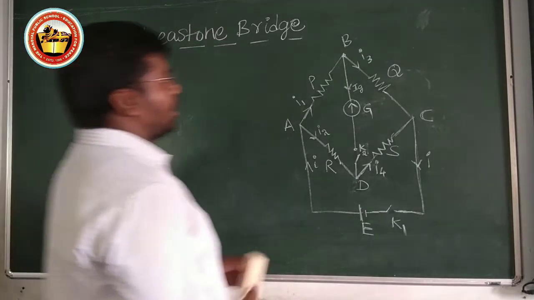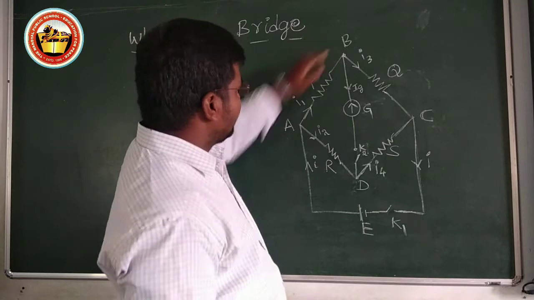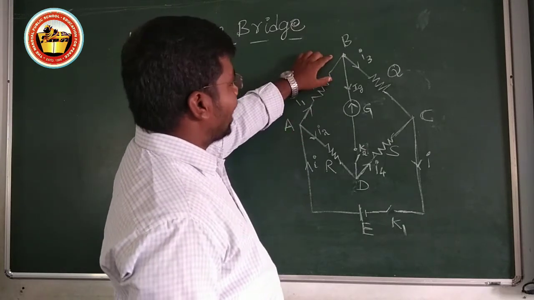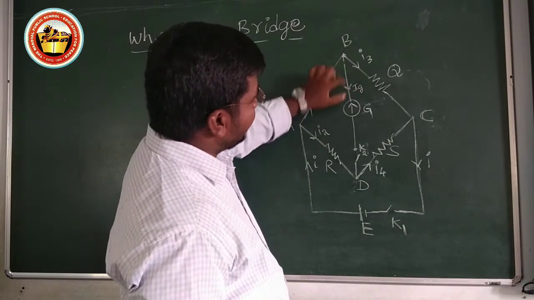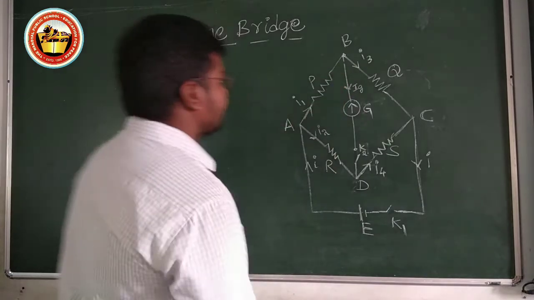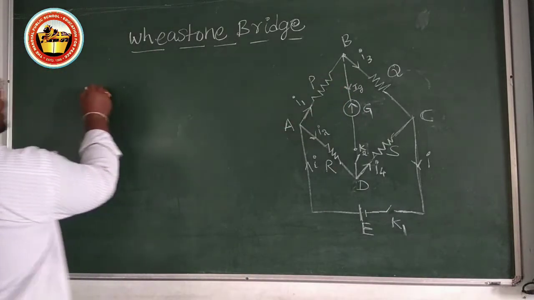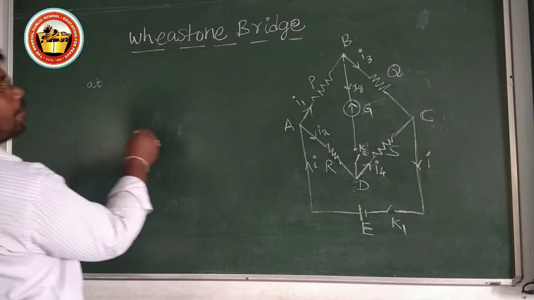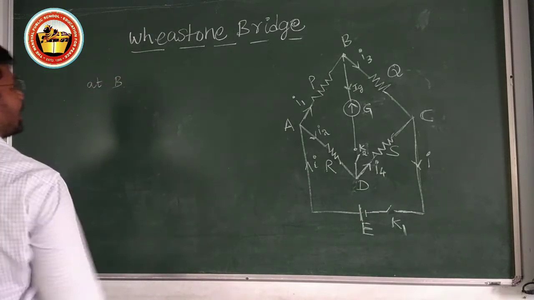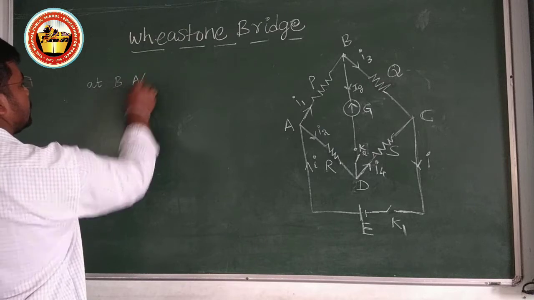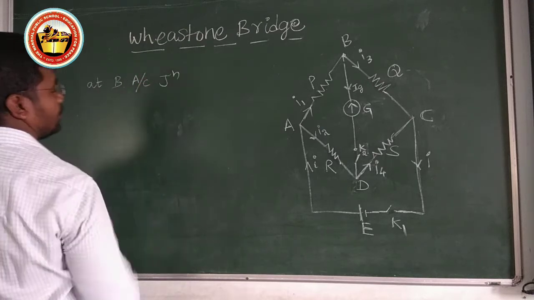See here at junction B, the current I1 enters and the currents I3 and IG leave from the junction.